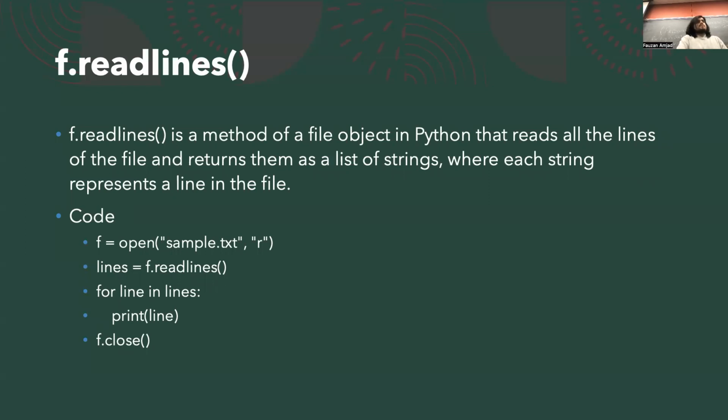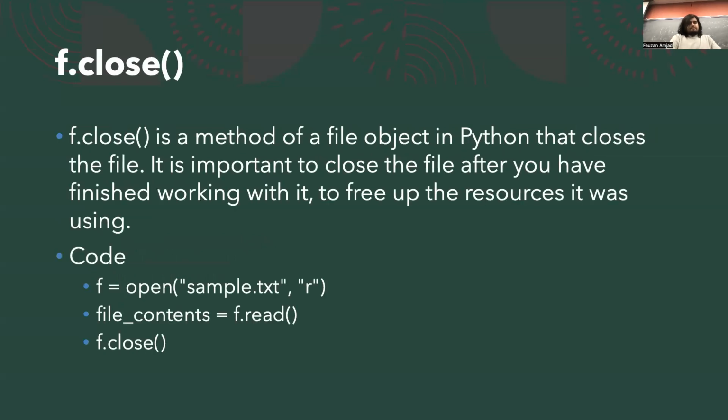So every time we access, let's say, position 5, for example, that is the 6th line. And so we can use it as such, and we can print it out as for line in lines, print out line. And that's how we can print out all the contents of the file using the readlines function.